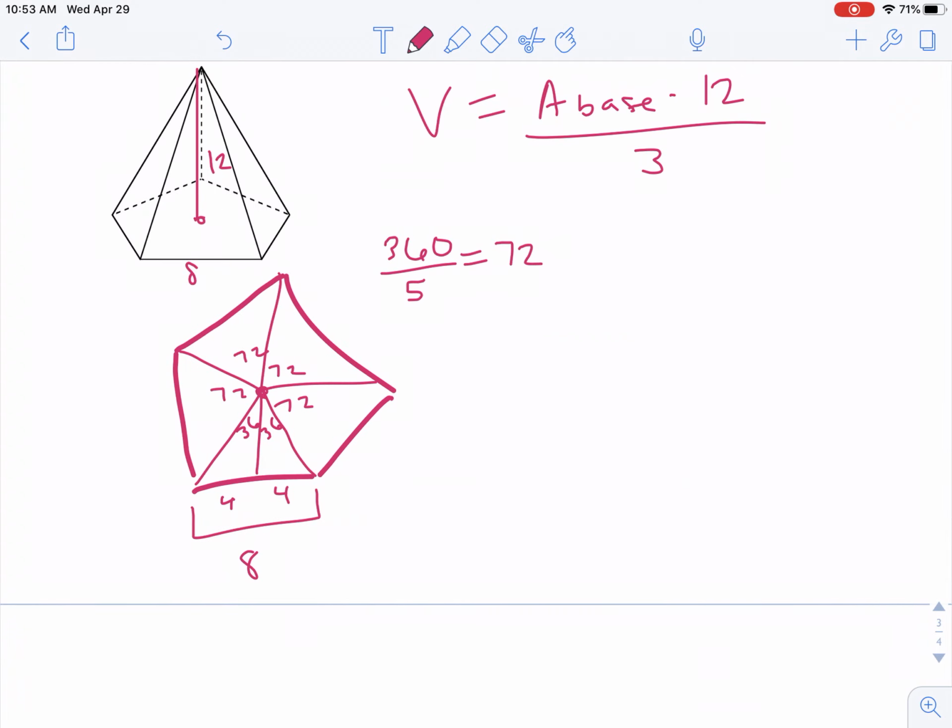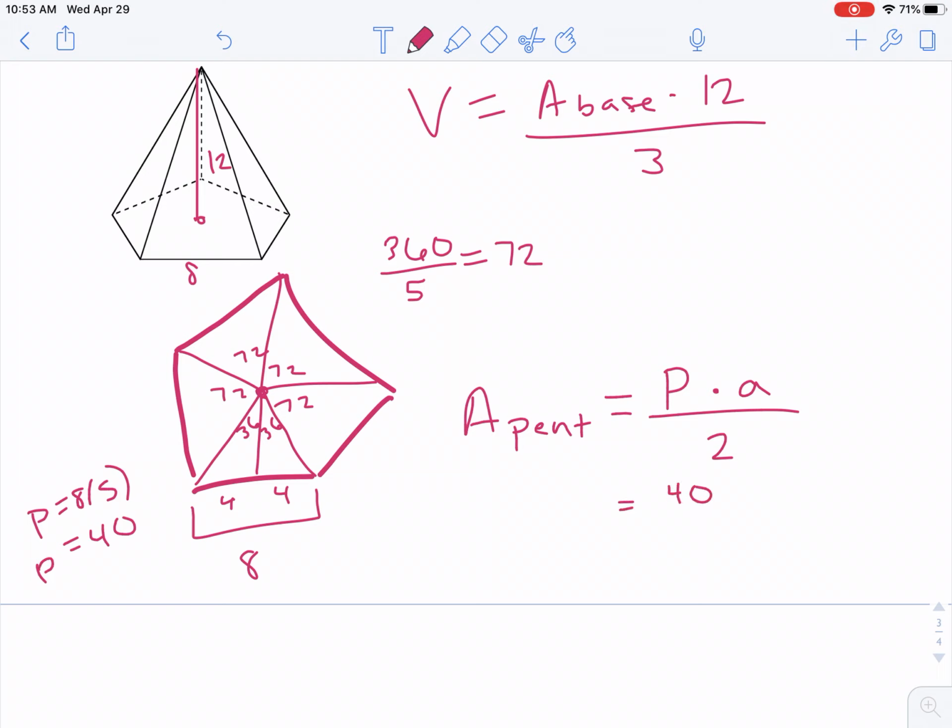So now I can use trig to set up to find my apothem, right? Because the area of a pentagon is going to be perimeter times apothem divided by 2. Okay, so my perimeter, we already know, is going to be 8 times 5, right? Because the length of the side is 8. There are 5 sides. So we have 40 for our perimeter.